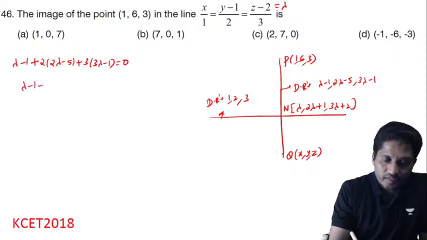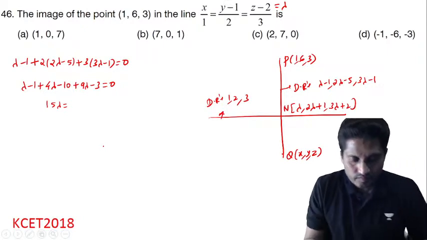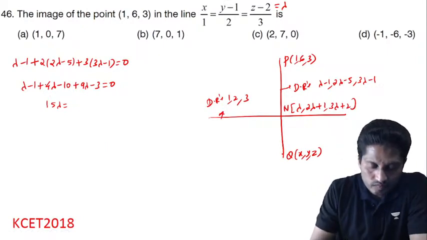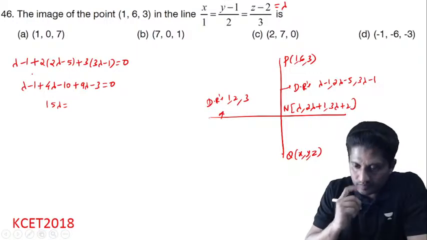That is lambda minus 1, 4 lambda minus 10, 9 lambda minus 3 is equal to 0. We get 15 lambda minus 1.